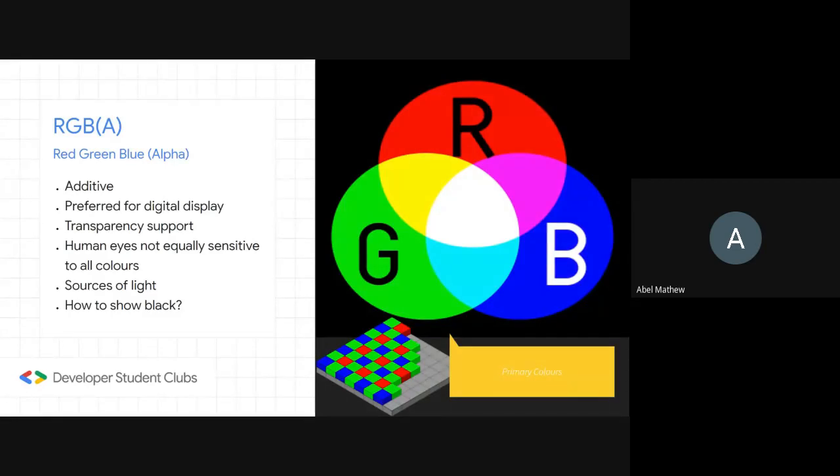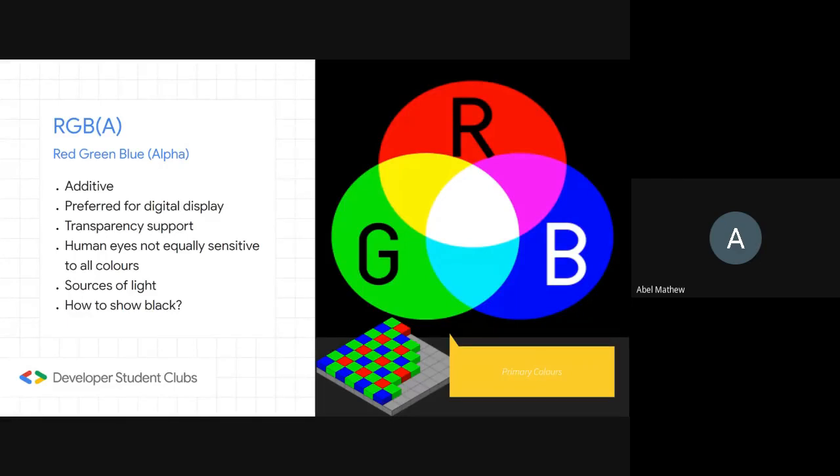The first point that I am trying to say is it's additive. The meaning of additive is we can see in the image on the right, the red and the green getting mixed, and it's producing a yellow color. That is happening because that's the sum of those two colors. The same happens for red plus blue, that is giving magenta, and green plus blue, that is giving cyan.